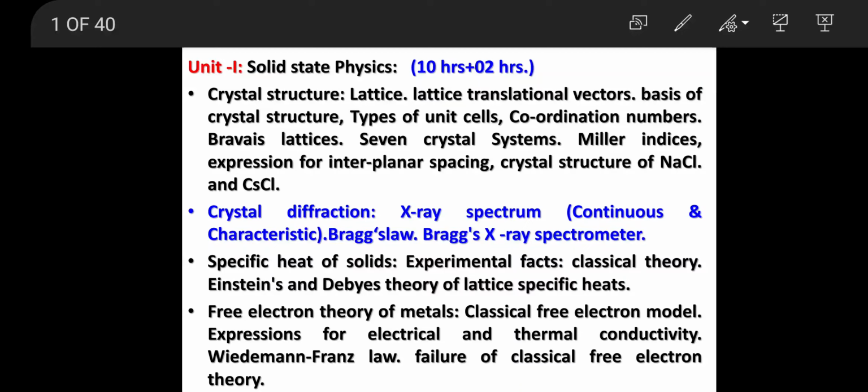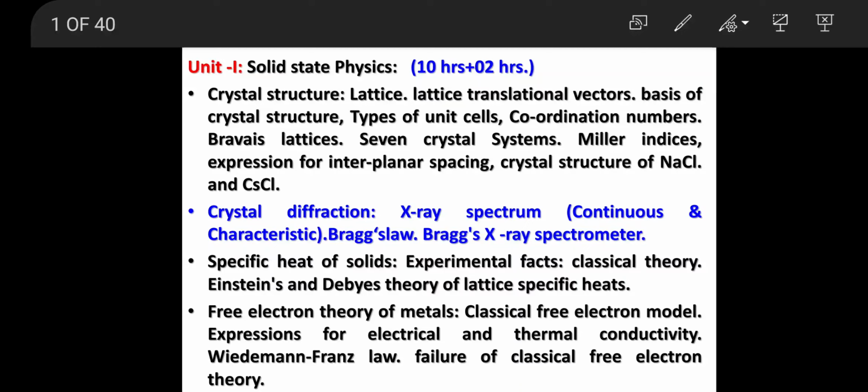And finally, the free electron theory of metals, in which the classical free electron model, which we used to call Drude's model, and derivations of expressions for electrical and thermal conductivity, Wiedemann-Franz law, and failure of classical free electron theory. So these are the entire 4 chapters of the first unit that I am going to engage.